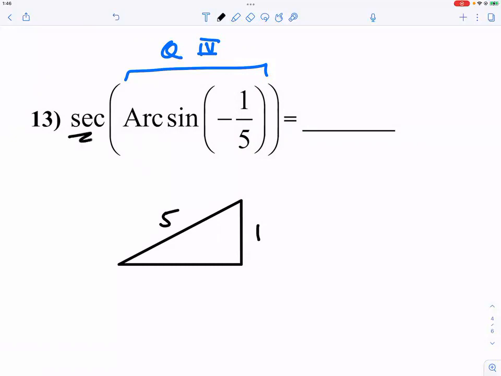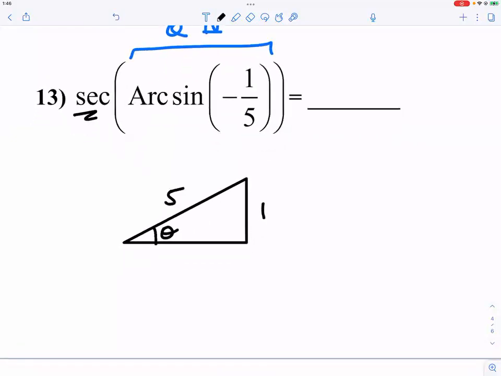And then now, as you know, I'm not a big fan of secant, cosecant, or cotangent. So if I'm looking at secant, you know what I would do? I'm going to figure out the cosine theta first, and then I'll do the reciprocal at the end. So what's the cosine theta in this case? Well, that would require me to find out the adjacent side. What's the adjacent side? It should not be 2.